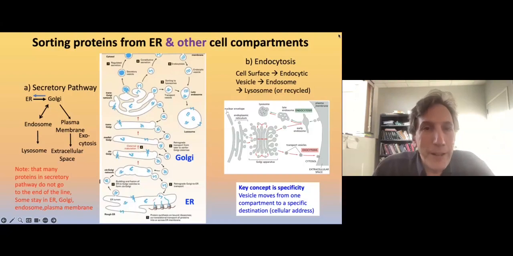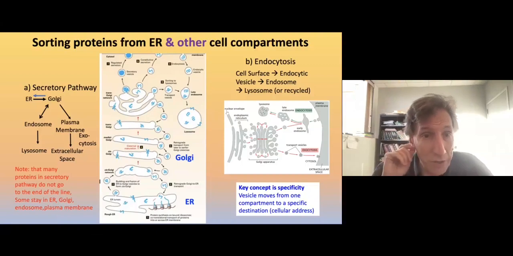These are, if you want to think about it, two different ways that proteins start from one place and end up in other places. As we talked about before, proteins made in the ER can go into the Golgi and from there to a lot of different locations.